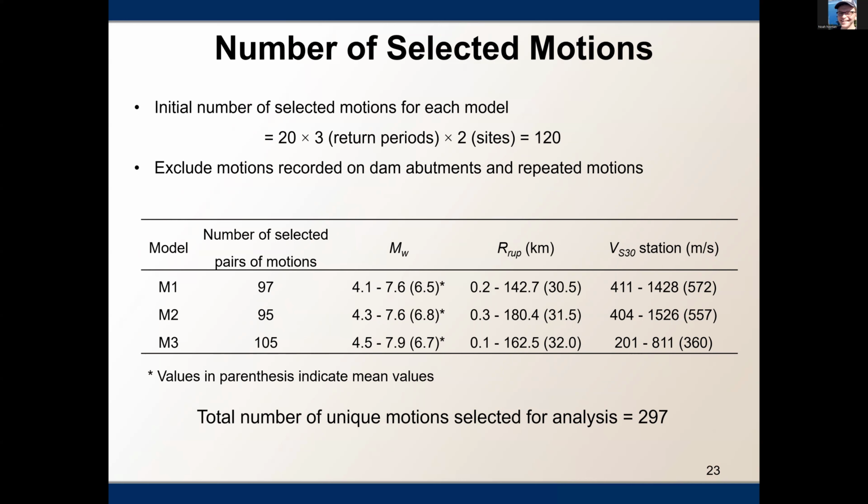You can also see the range of magnitude, fault rupture distance and the Vs30 of the station for these selected pairs of motion. In total, I did the analysis for 297 unique motions.